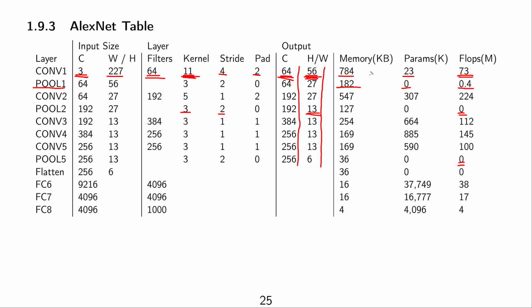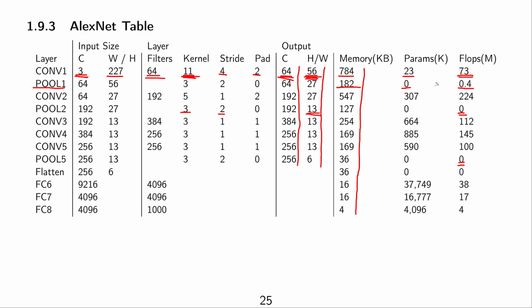Let's look at the trend in memory. We start using quite a lot of memory in the beginning, but as we go down the network, we see that the memory consumption gets reduced drastically. So almost all the memory gets used in the first layers. The trainable parameters paint a completely different picture.